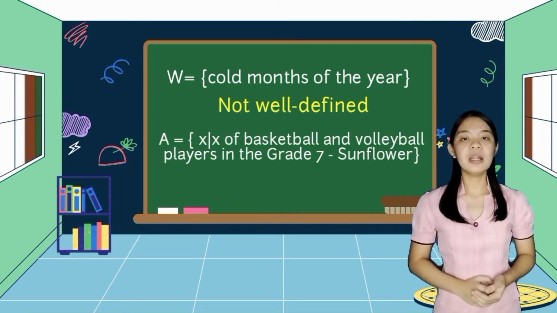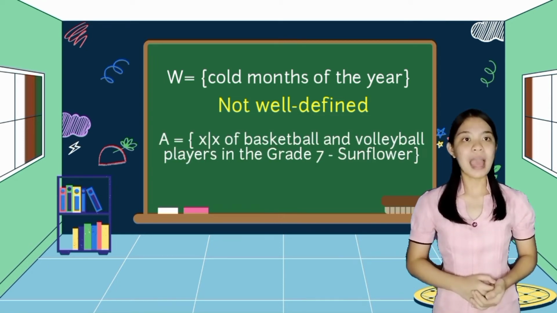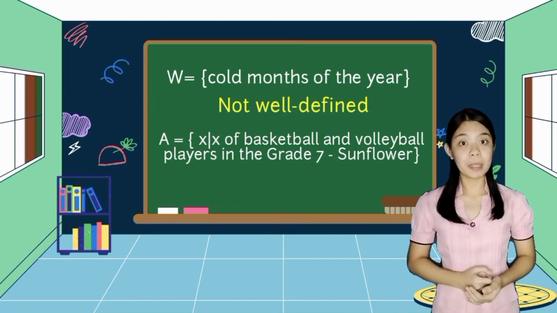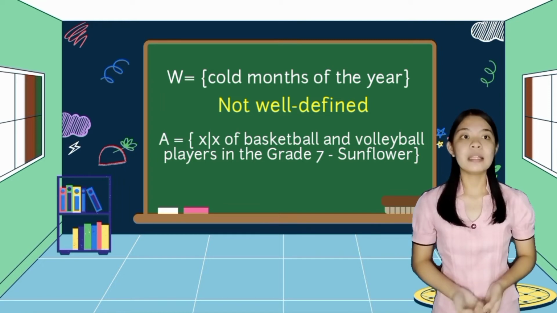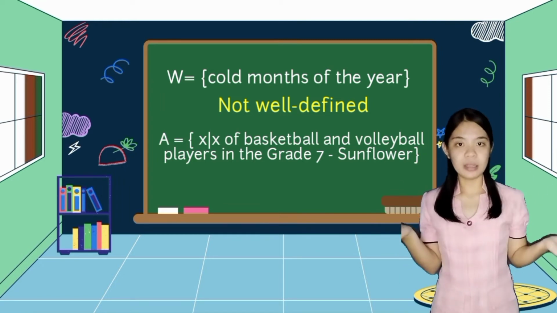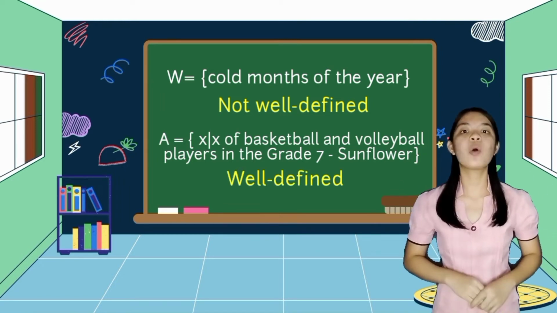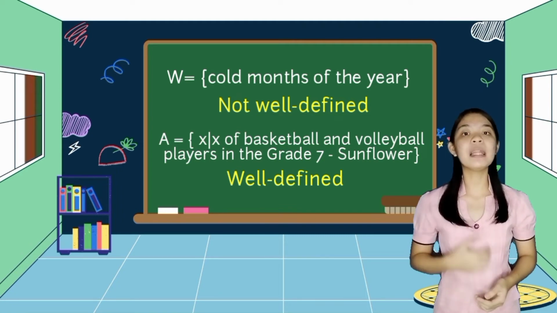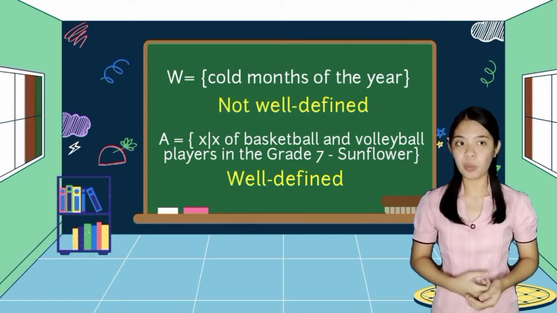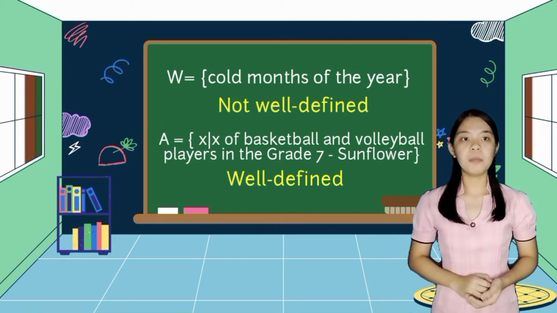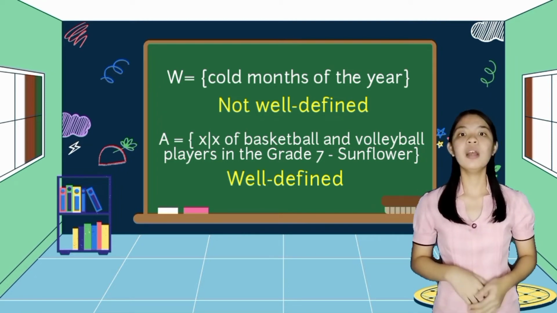Next example: A is equal to the set of x such that x is a basketball player and volleyball player in Grade 7 Sunflowers. So what kind of set is this? Is it well-defined or not well-defined? It is well-defined because you can now say who the basketball players in the Grade 7 Sunflowers are that are also volleyball players.